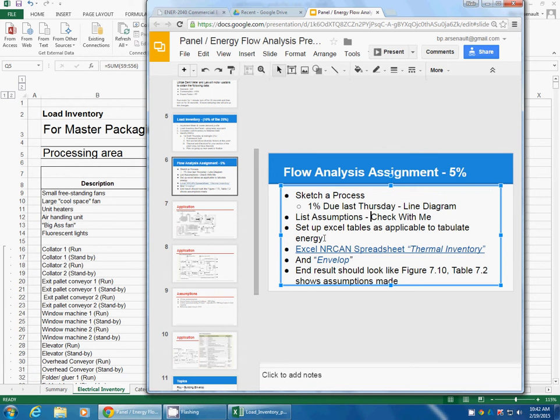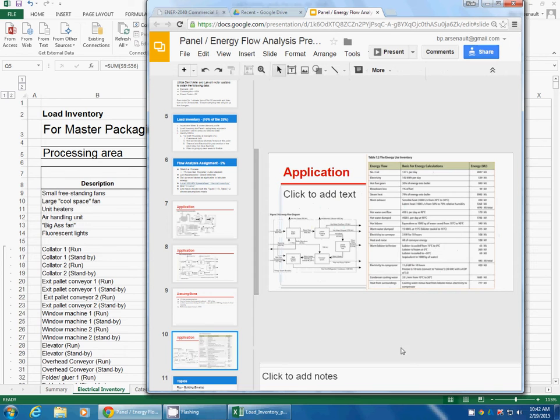We can always change them if we go up there and actually do measurements, but I'd like you to look at it and say, I expect that it's this, and then work through to solutions. As a reminder, the spreadsheets are here, the thermal inventory as well as the envelope, and the end result should look like figure 7.10 and table 7.2. I'll just flash those up.